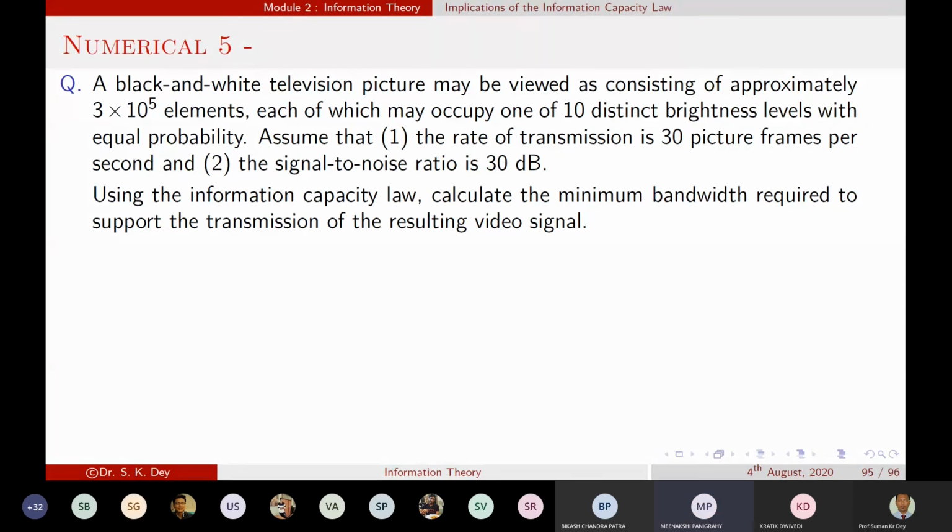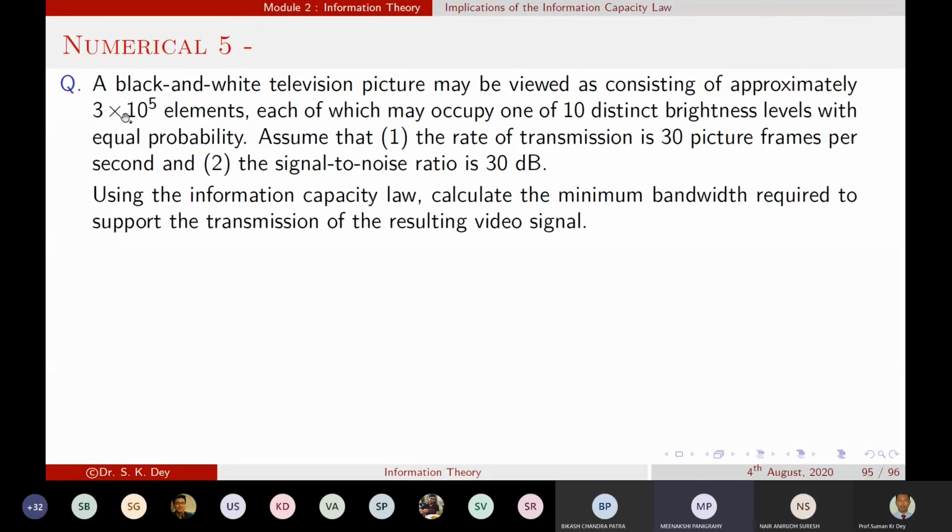So 9 into 10 to the power 7. So there are 30 frames per second, and for each frame there are 3 into 10 to the power 5 elements.